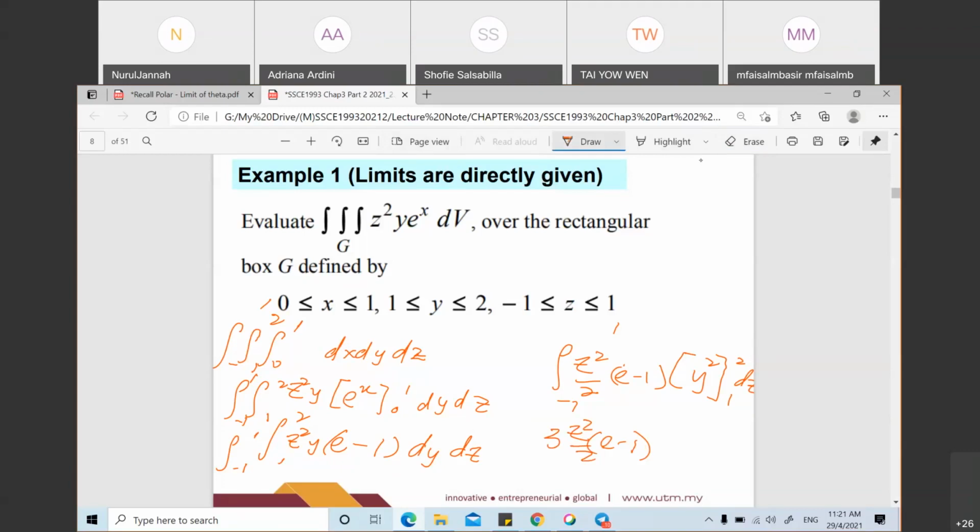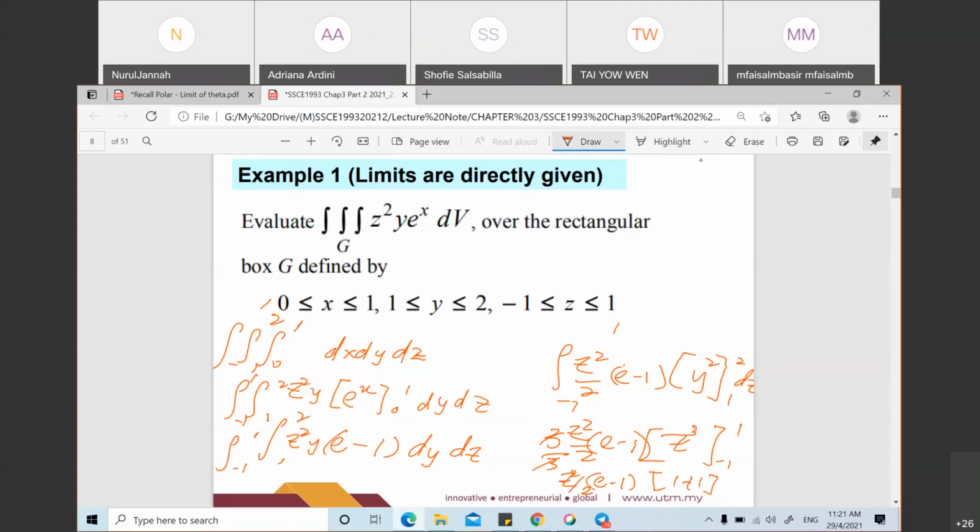Now I integrate this with respect to z, which will be z cubed over 3, from -1 to 1. So this 3 can be cancelled. We have z squared over 2 (e minus 1). This is 1 cubed minus (-1) cubed, which is 2.